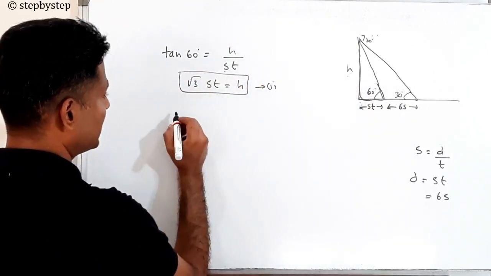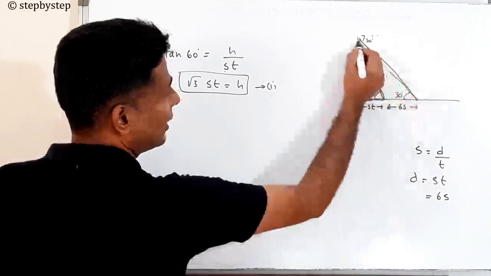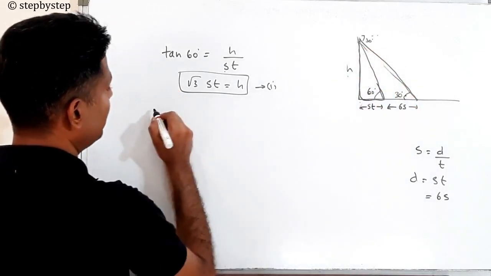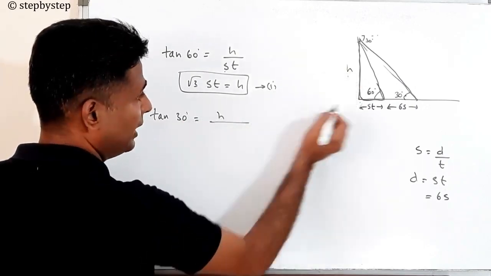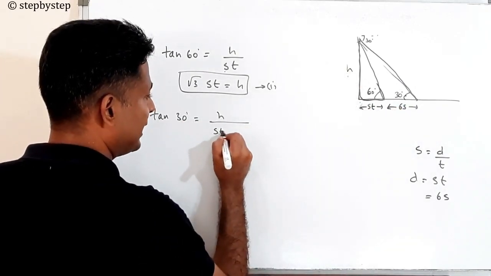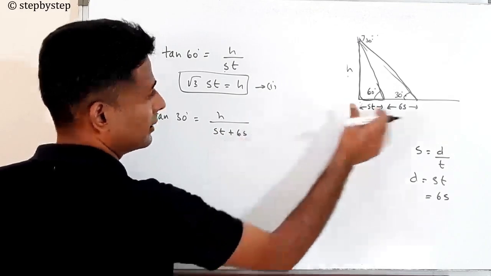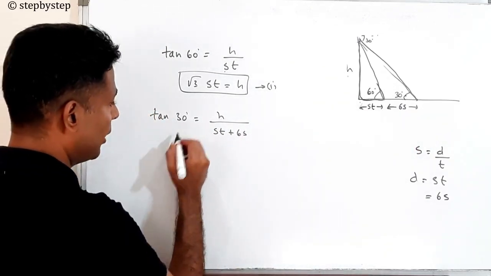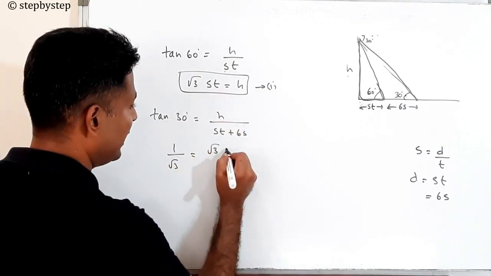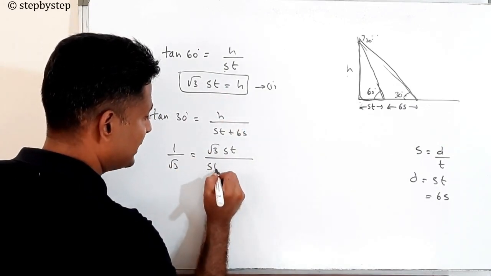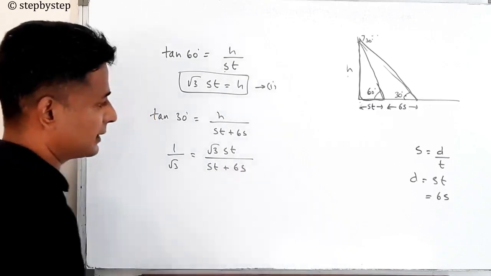For the second equation, what do we get? This whole triangle we have to take. Tan 30 degree equal to opposite by adjacent, that is h by st plus 6s. Now tan 30 is 1 by root 3. H can be written as root 3 st, so 1 by root 3 equals root 3 st by st plus 6s.